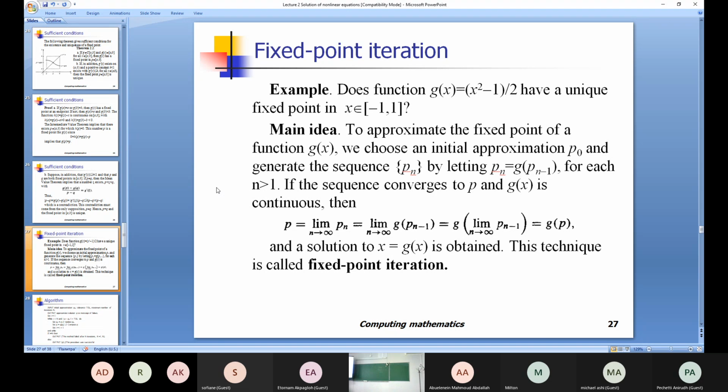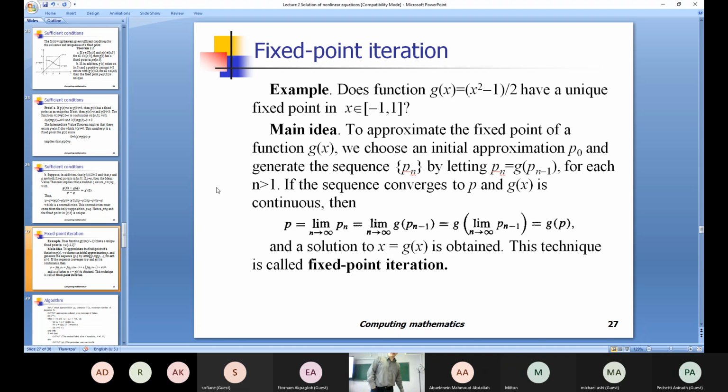The derivative of this function is just x. And when x is from minus 1 to 1, g prime of x is also from minus 1 to 1. So it's smaller than 1. The statements of the theorem are true. So this function has one fixed point. Well, it's just an example of how we can apply this theorem.